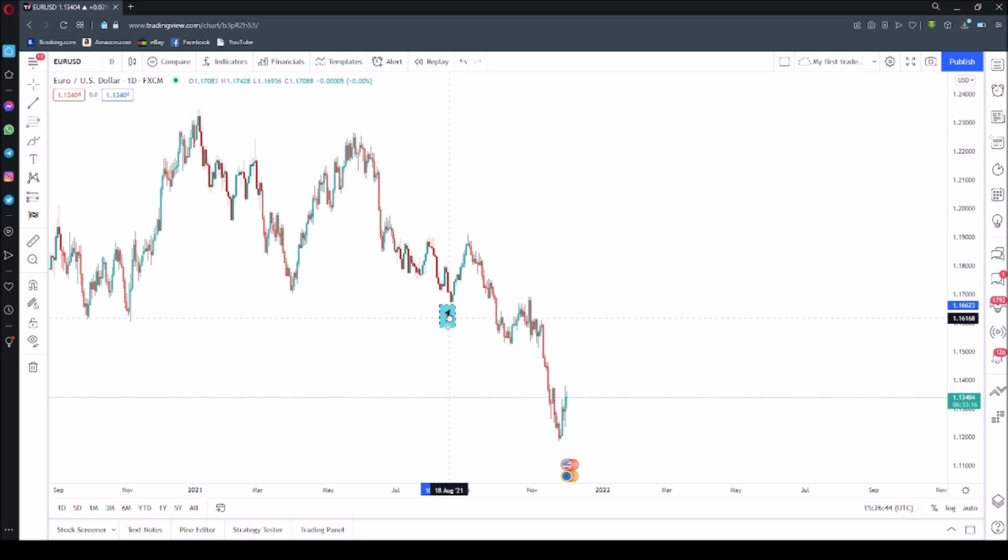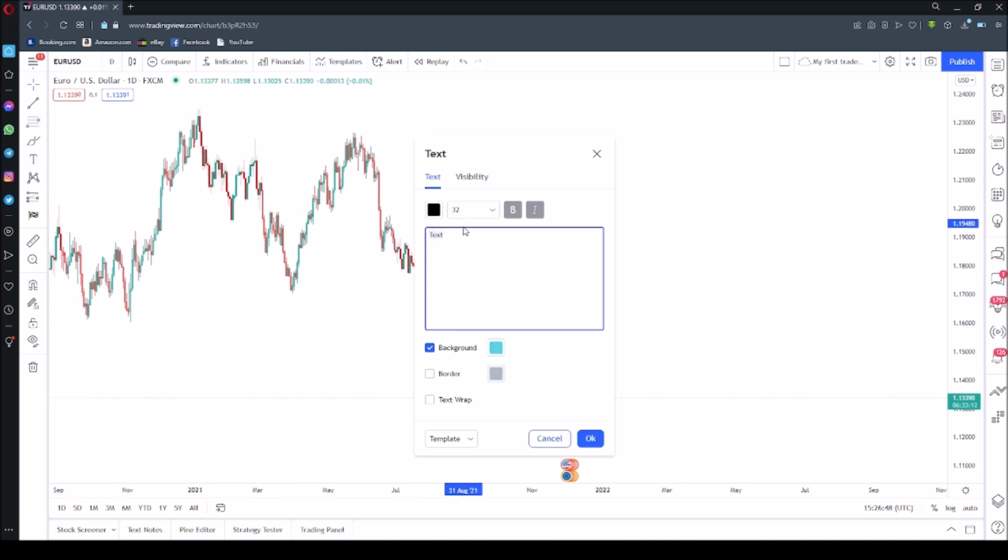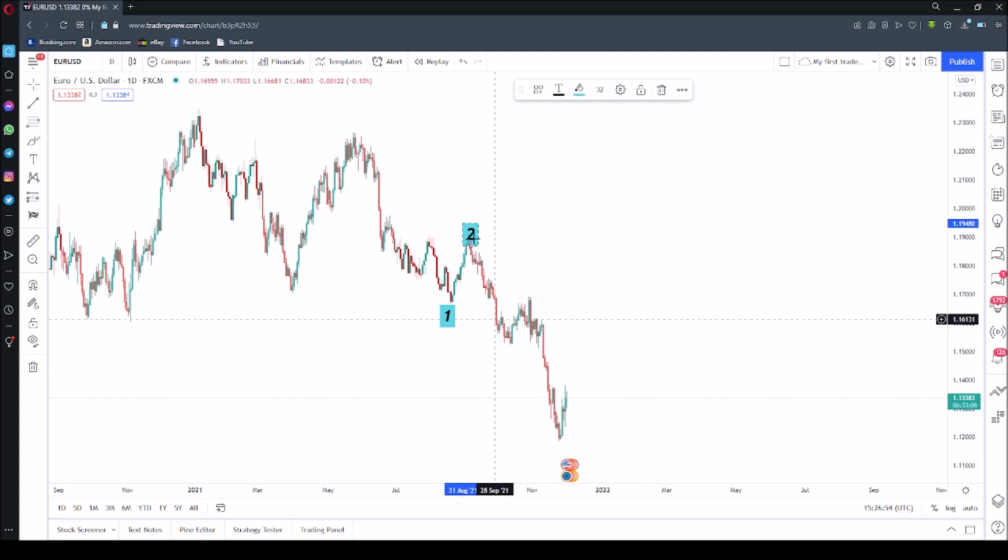Therefore, we have wave 1, wave 2, and for a complete Elliott Wave cycle, we say we only have 5 waves.